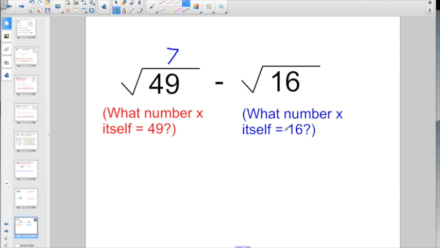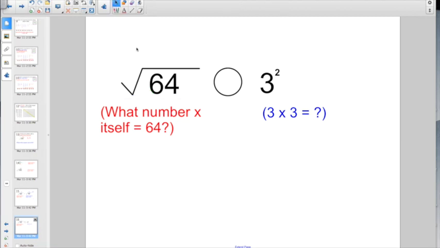What number times itself equals 16? That would be 4, right? 4 times 4 equals 16. Once we have the answers, we're back down to about a second grade level. What is 7 minus 4? 7 minus 4, hey, that's going to give us 3. It's about that easy if you know how to work out the square roots.